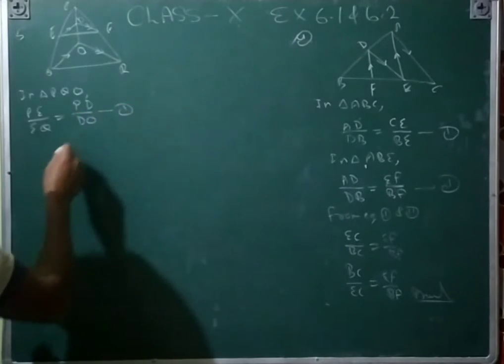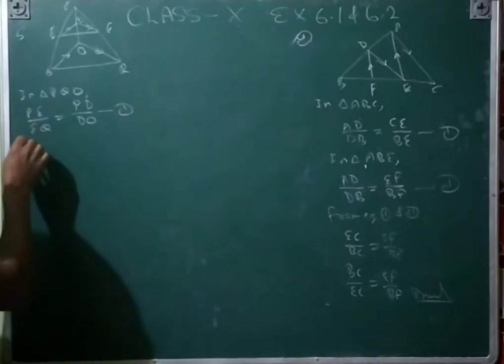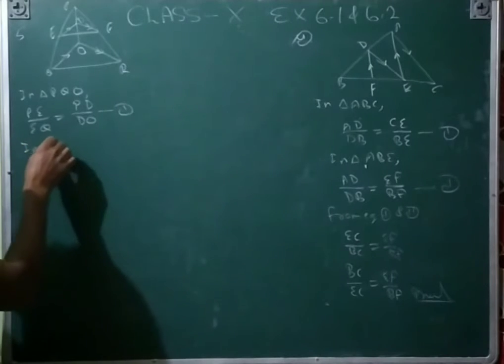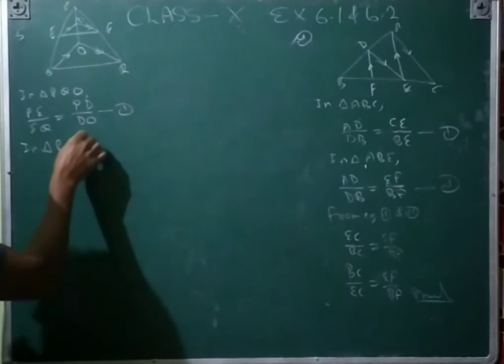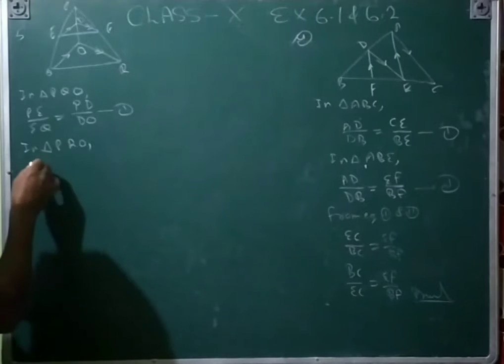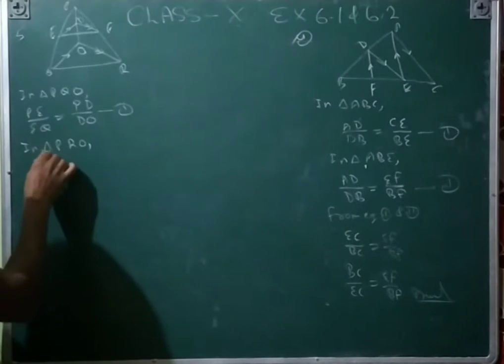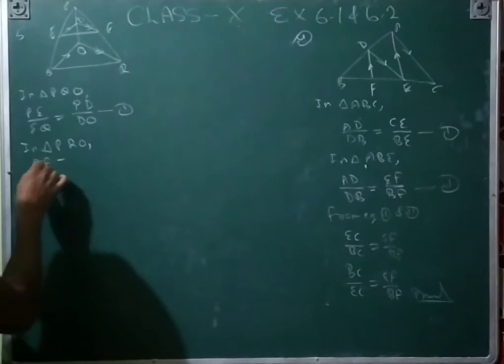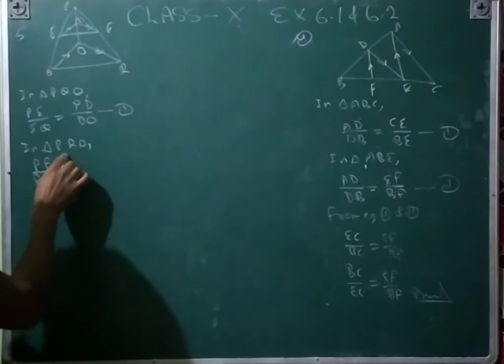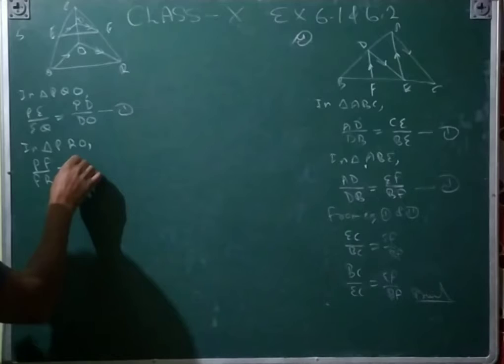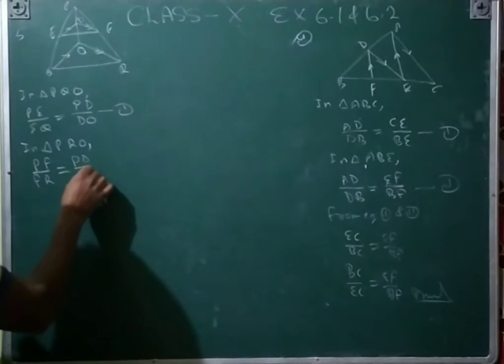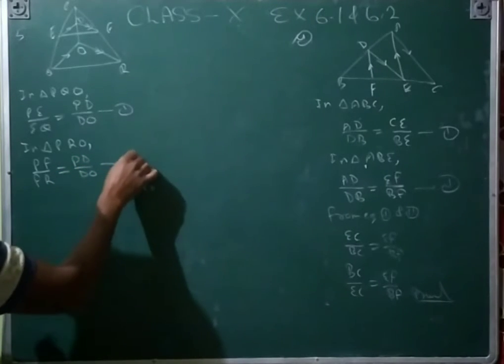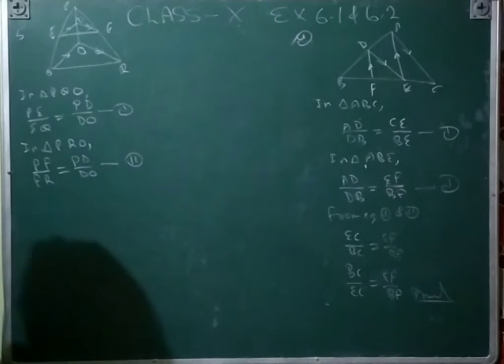This is the first equation. Now in triangle PRO, similarly PF upon FR is equal to PD upon DO by parallel line, because that is given by parallel line.